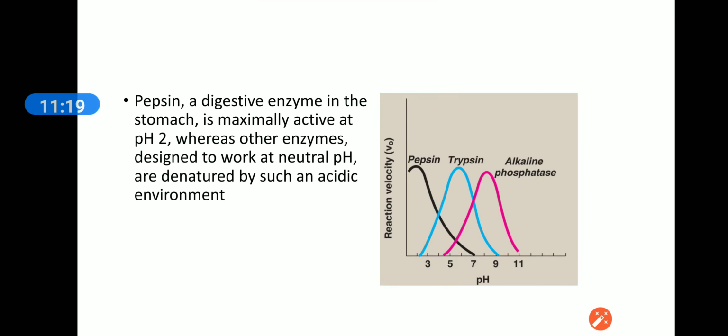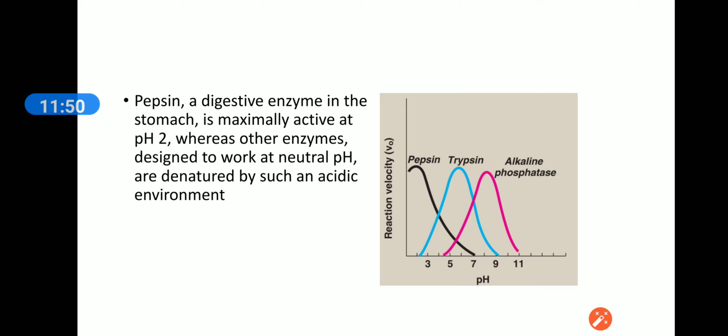For example, pepsin, a digestive enzyme in the stomach, is maximally active at pH 2, whereas other enzymes that work at neutral pH are denatured by such an acidic environment. Dear students, in our stomach the pH mostly lies between 1 to 3 or 4.